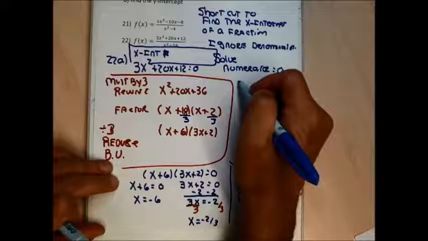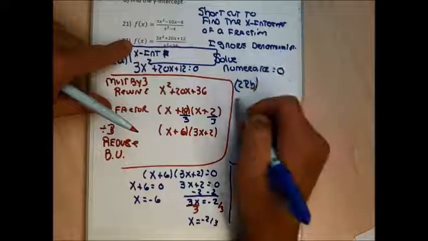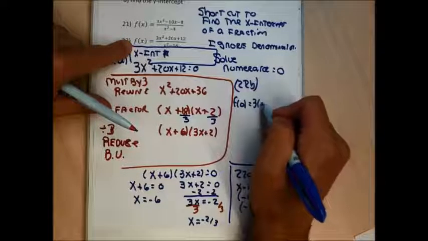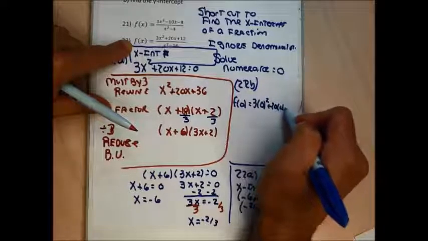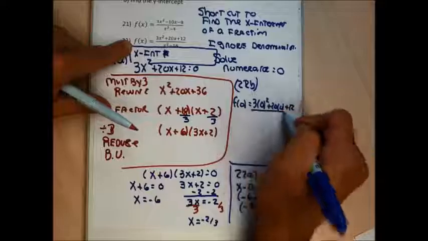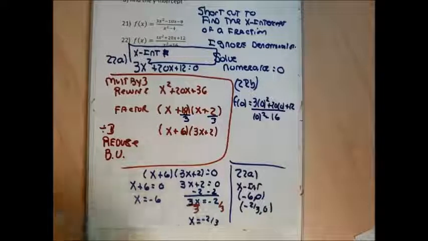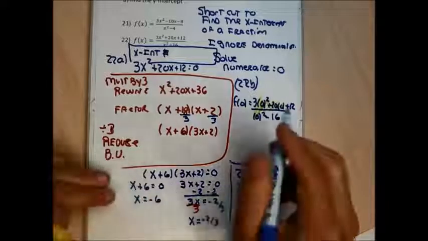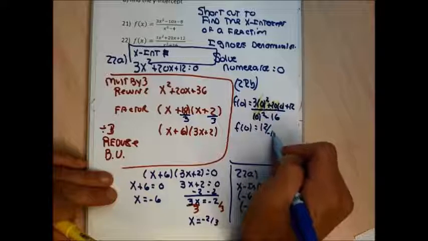For part B, to find the y-intercepts, there's no trick. I just plug in 0 for x. I'm going to get f of 0 equals 3 times 0 squared plus 20 times 0 plus 12 over 0 squared minus 16. All the pieces with zeros go away, and you're going to be left with f of 0 equals 12 over minus 16.